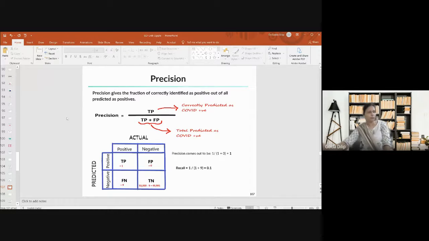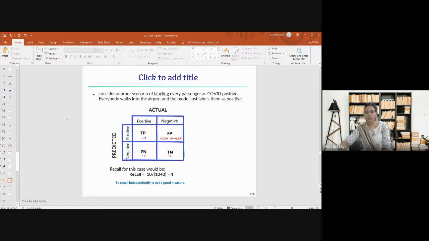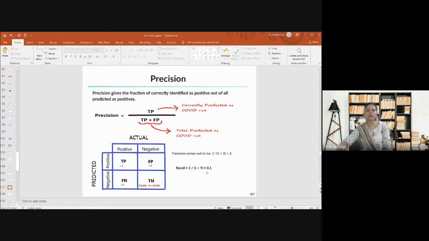But that had a good recall value. We had a recall of 1, right? So though recall was good, the precision value turns out to be 0.000 something.